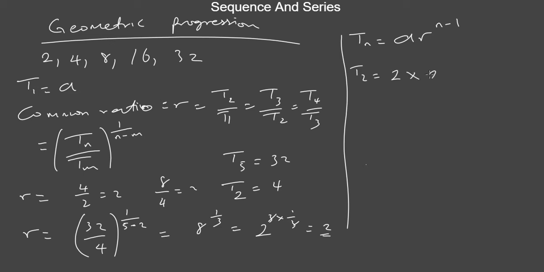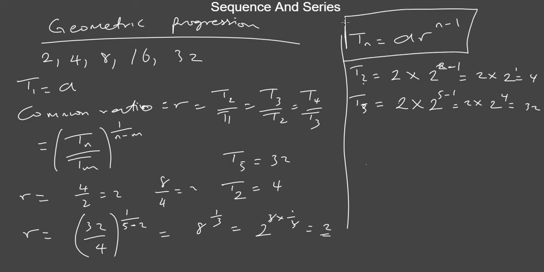Then the common ratio is 2 raised to the power of, n is 2, 2 minus 1. If you check this out, you get 2 times 2 raised to the power of 1, and that's 4. And if you try that for the fifth term, that's 2 times 2 raised to the power of 5 minus 1, and that's 2 times 2 raised to the power of 4, and 2 raised to the power of 4 is 16 times 2, that's 32. So this represents the formula for calculating any given term of a geometric progression.